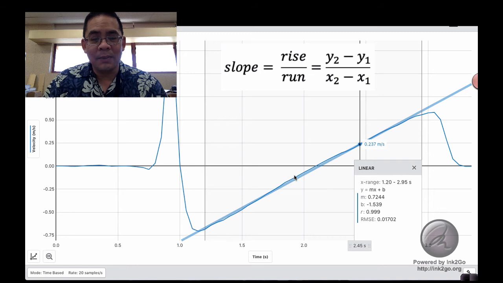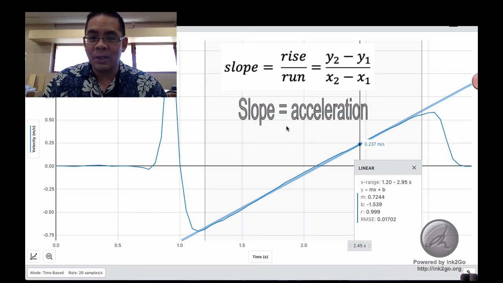The question then becomes what does the slope tell us? It turns out that this slope tells us the acceleration for this object. This object has a positive acceleration the whole time, which means it's accelerating away from the detector. Even though it's slowing down here, it's still accelerating away from the detector because of the positive acceleration.